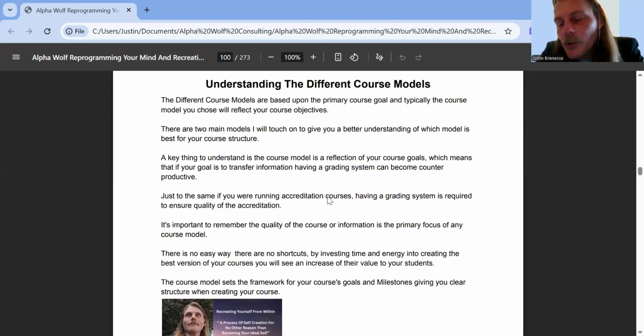So the two different course models that we will use are an informational course or an accredited course, like one that has grading and has tests, answers, and things like that.